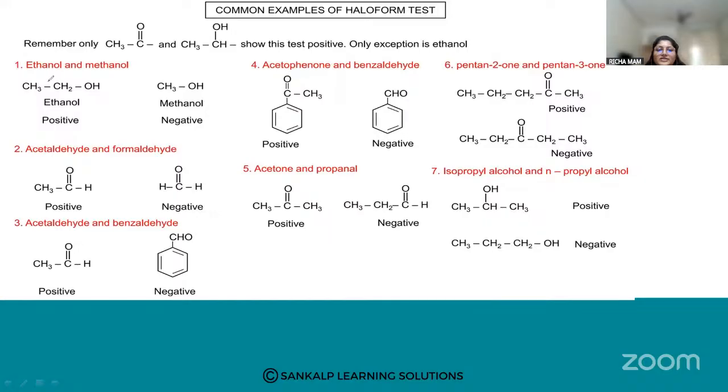Here there is a positive, as it has a methyl ketone. Here there is no methyl ketone, so negative. Here again positive, and here negative, as there is no methyl ketone. So these are the different examples of the haloform test. Just go through them.